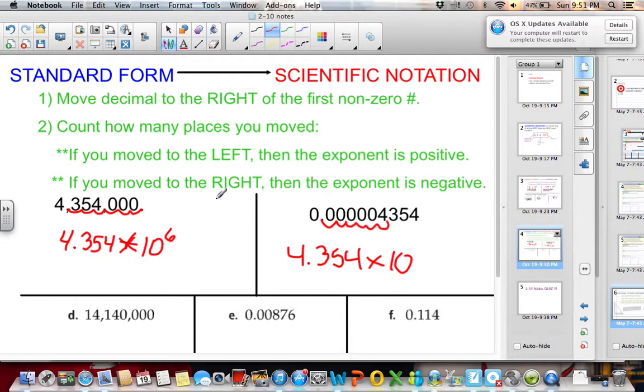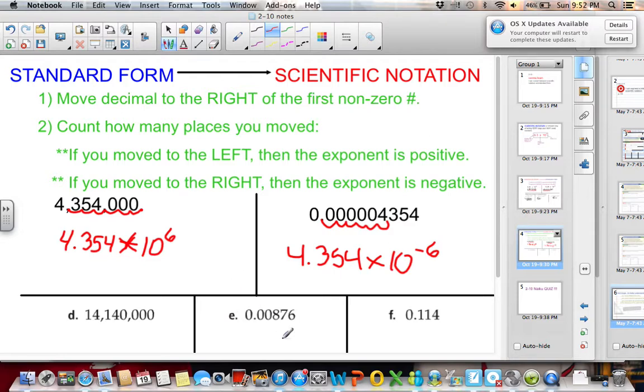I moved my decimal to the right, so my exponent is negative. So it's 10 to the negative 6, because I moved 1, 2, 3, 4, 5, 6. See how we have totally different numbers, one really big number, one really small number. Their scientific notation is very, very similar, except this negative changes the whole thing. That tells me it's a really small number. This positive tells me it's a really big number.